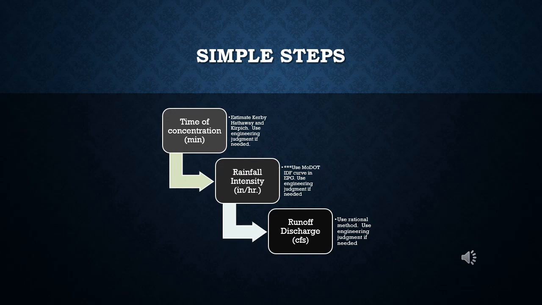Now we know how to calculate time of concentration and rainfall intensity, so we can calculate runoff discharge. Example calculations are shown in the next 5 slides, so you can look through them and see if you can calculate time of concentration, rainfall intensity, and runoff discharge.